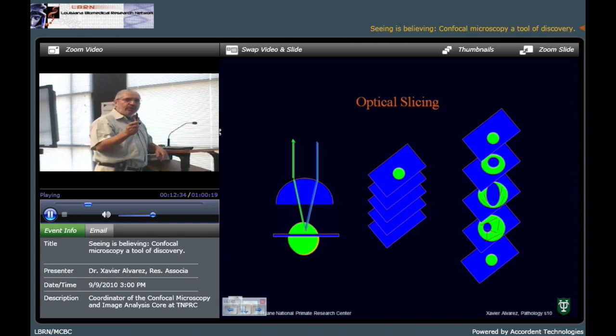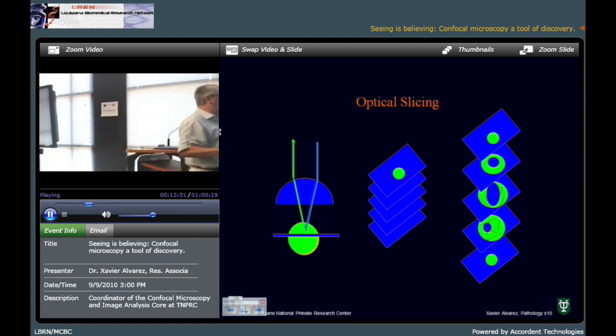Then the optical slicing concept that the confocal microscope does is that by scanning line and then a plane, it has a very, very narrow cut of whatever you are imaging. Imagine that this is a cell, and this is your lens.